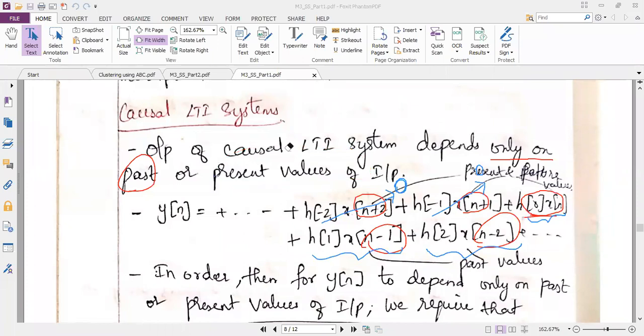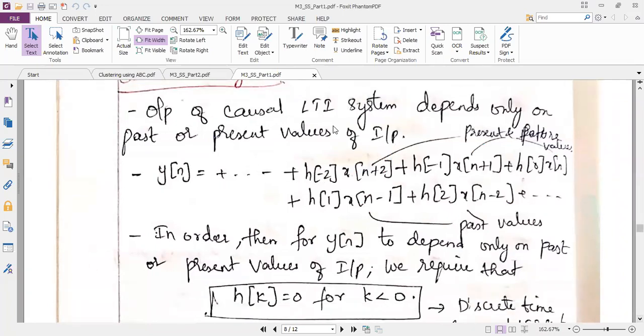So I hope you all follow how I have eliminated the terms here. I have eliminated the terms based upon the condition of causality. The condition of causality is nothing but the output depends upon the past and present values. So I try to find which is past, which is present, which is future. The first two terms as per this equation are future, so they will not be present in the final equation.